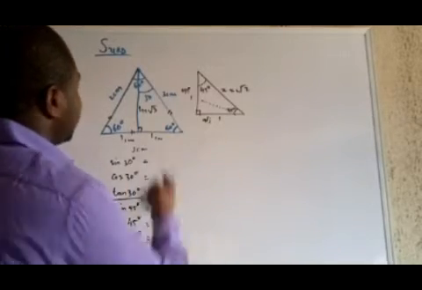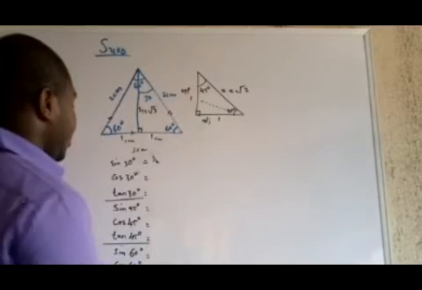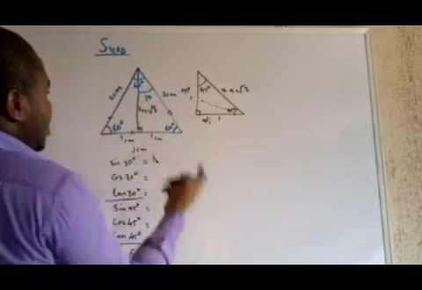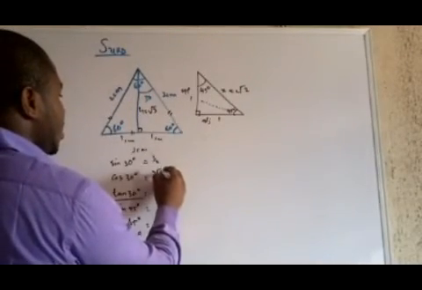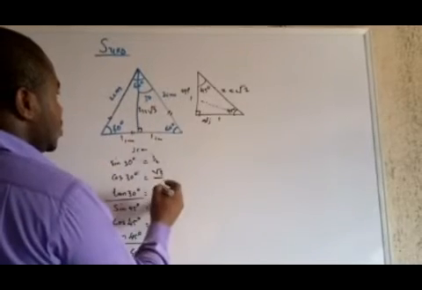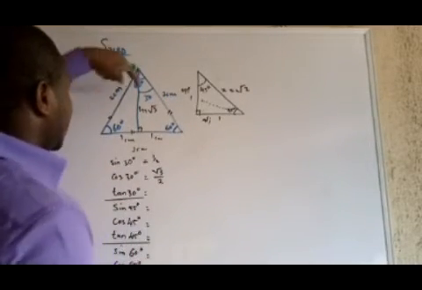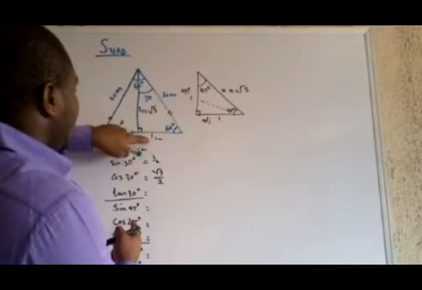We just have opposite over hypotenuse, 1 over 2, 0.5. Cos 30 is adjacent over hypotenuse, so we have root 3 all over 2. Then for tan 30, we have opposite all over what?